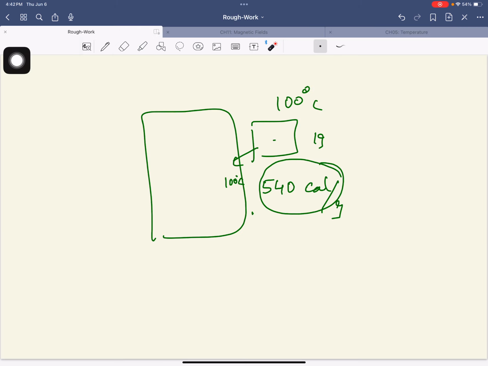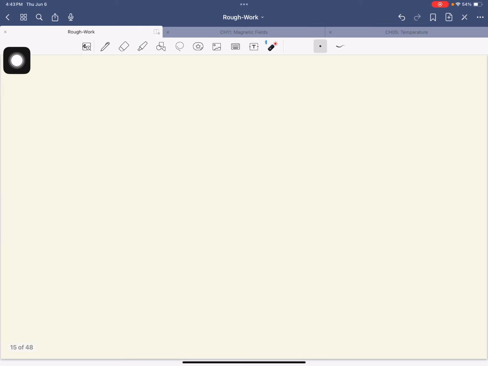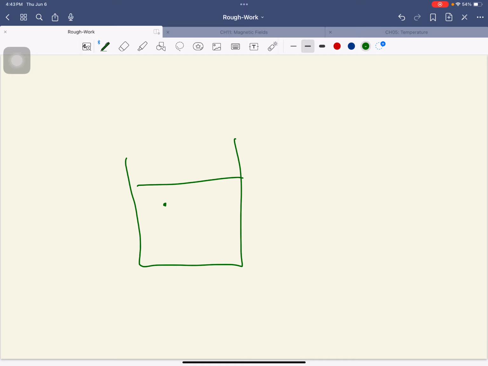So let's take a glass of water, and the faster molecules will escape. Now if there's moisture in there, there's water molecules coming in as well. When the humidity is 100%, the number of molecules escaping is equal to the number of molecules coming in. So there's no net evaporation.